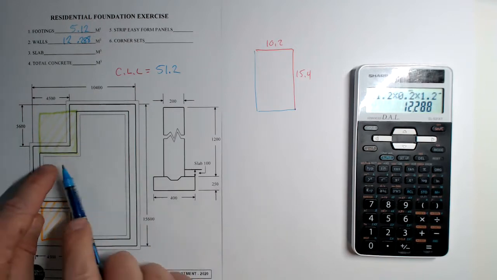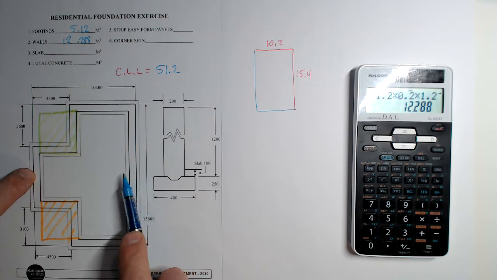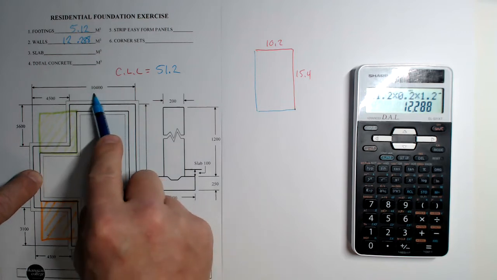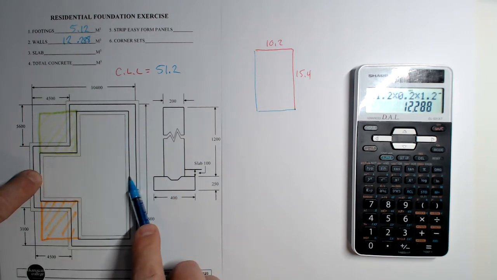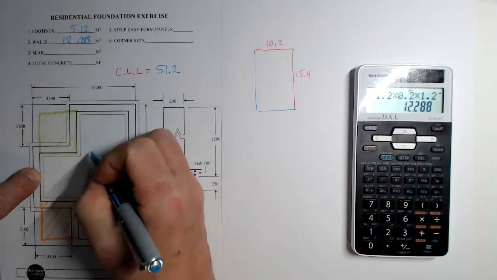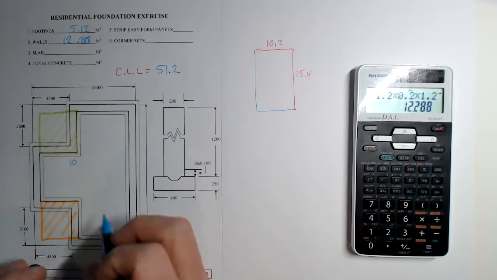We take the width of our building from outside of wall to outside of wall and get a dimension inside of wall to calculate our slab area. We take 10.4 minus a wall thickness on this end and on this end, which is 0.4, and that gives us a 10 meter width for our slab.